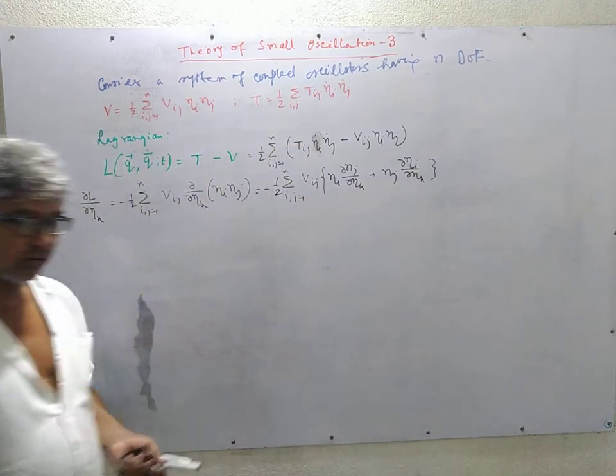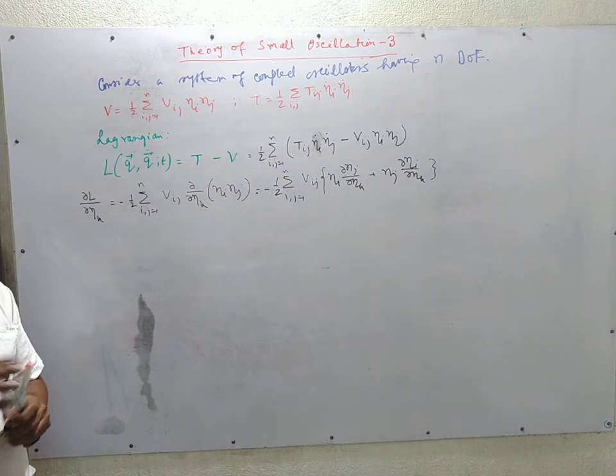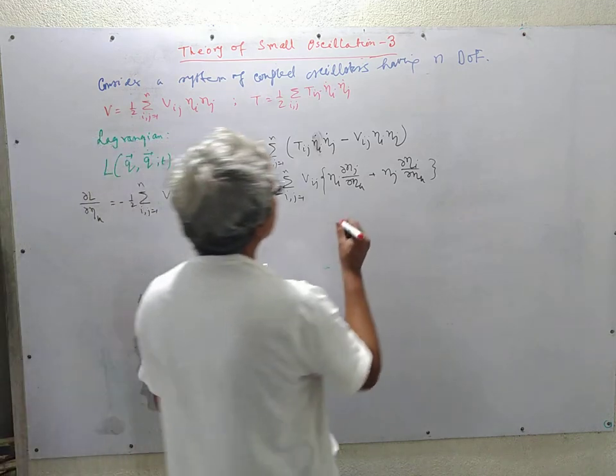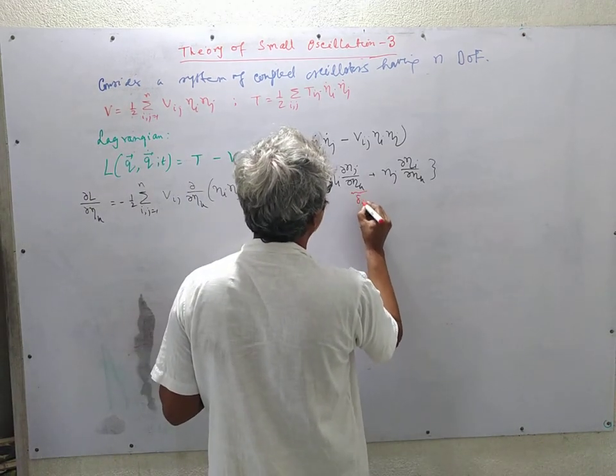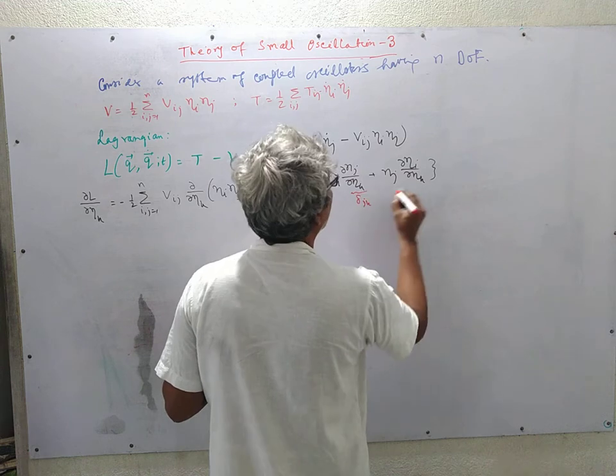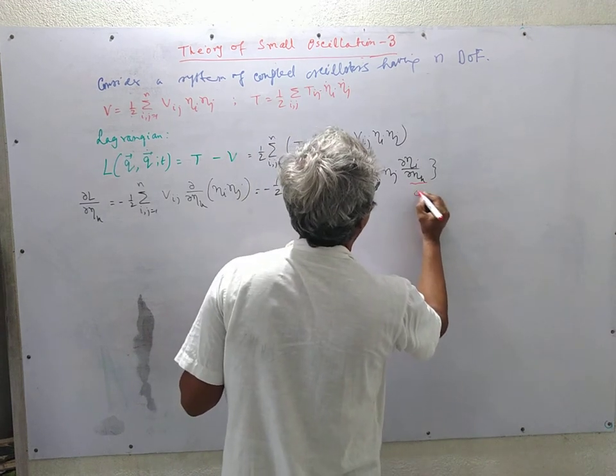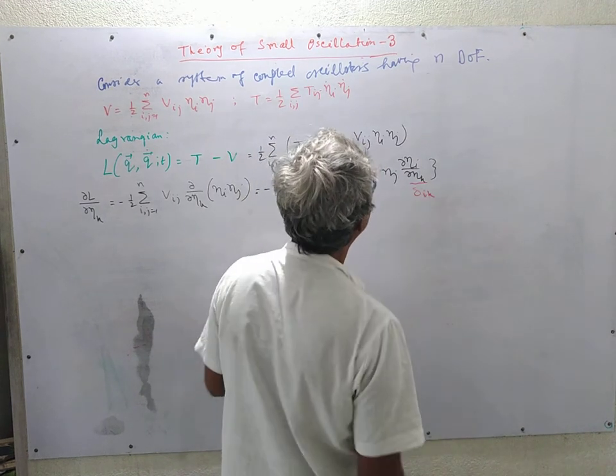Now, since the generalized coordinates are independent of each other, this part leads to a delta function delta of jk, and this also gives a delta function delta of ik.